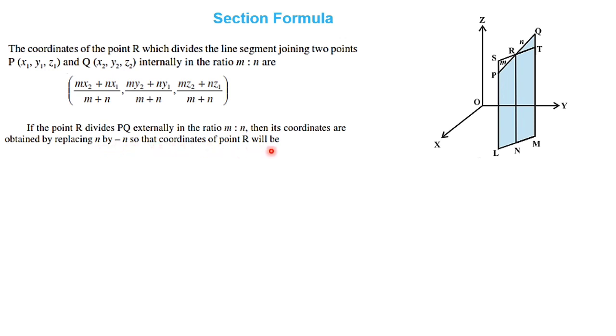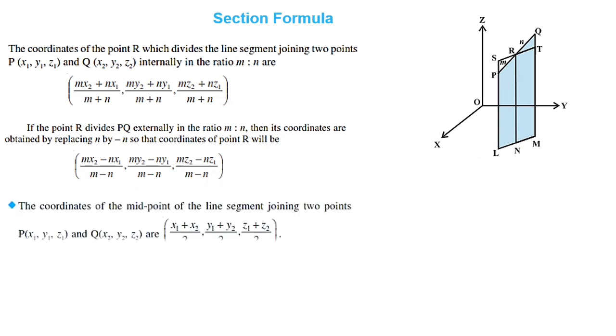So the coordinates of R we calculate using (mx2 - nx1)/(m - n), (my2 - ny1)/(m - n), then (mz2 - nz1)/(m - n). The first one is internal division and the next one is external division.